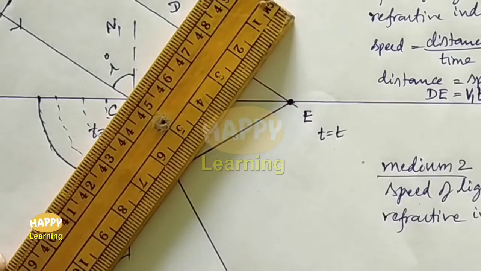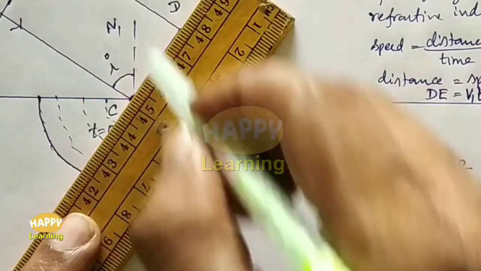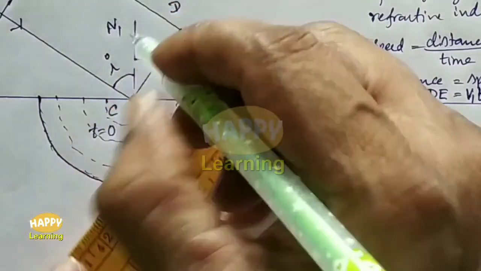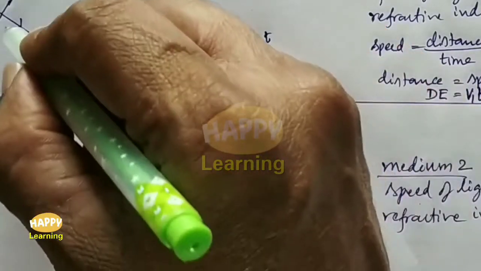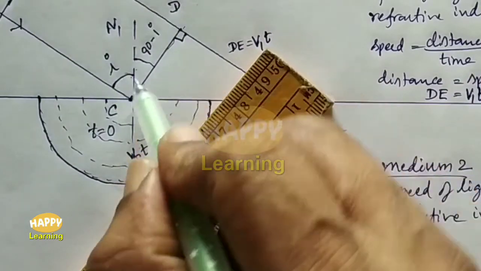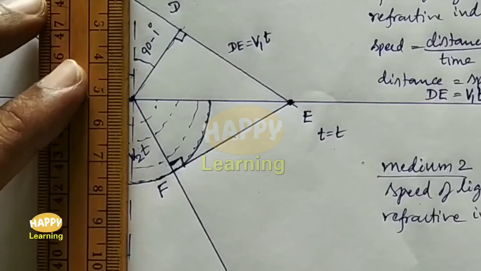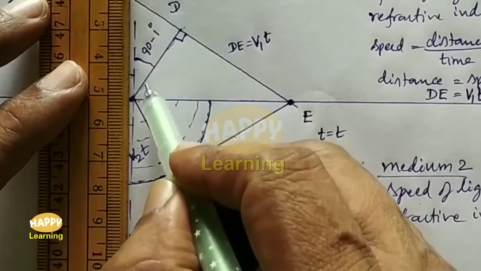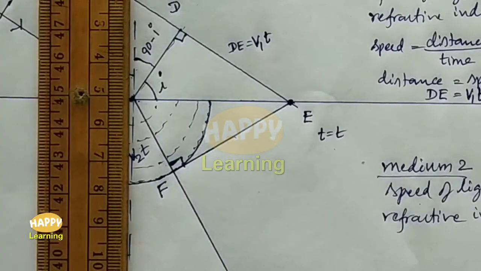Because the wavefront is normal to the rays, this angle becomes 90 minus I. This wavefront and these rays are normal, a part is I, the remaining will be 90 minus I. Now, this is normal to this interface. If a part is 90 minus I, the remaining will be I.